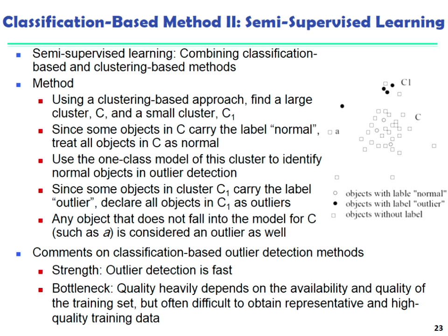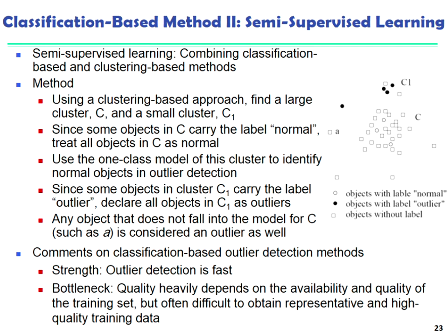Semi-supervised learning combines classification-based and clustering-based methods. This is the meaning of semi-supervised learning. In this method, we use a clustering-based approach to find a large cluster C and a small cluster C1. Since some objects in C carry the label normal, we treat all the objects in C as normal and use the one-class model of this cluster to identify normal objects in outlier detection.